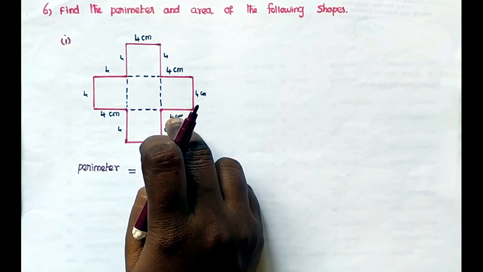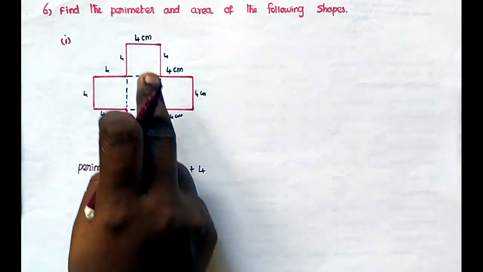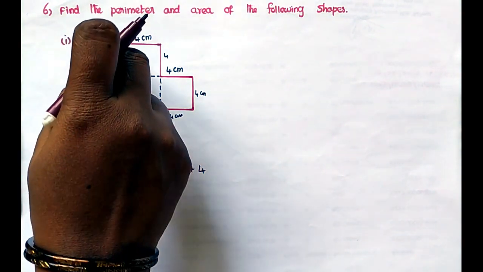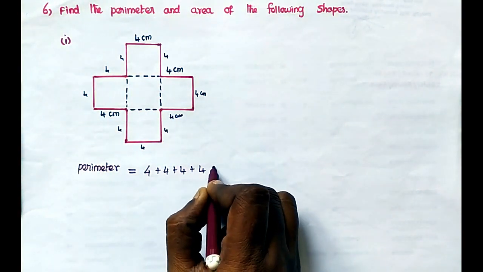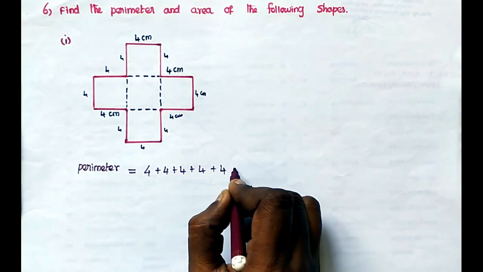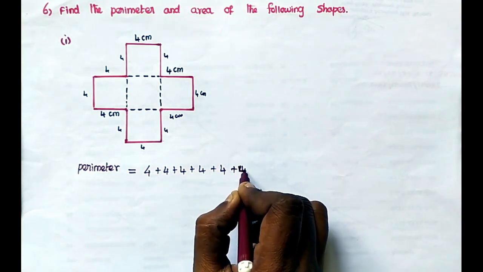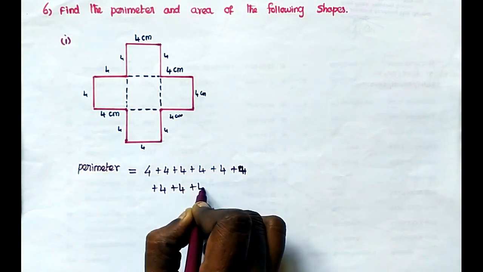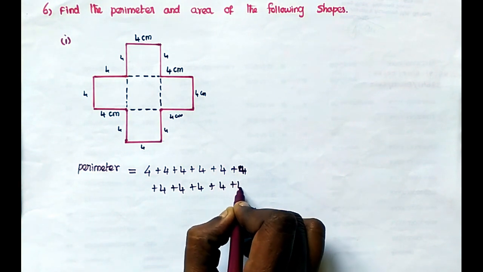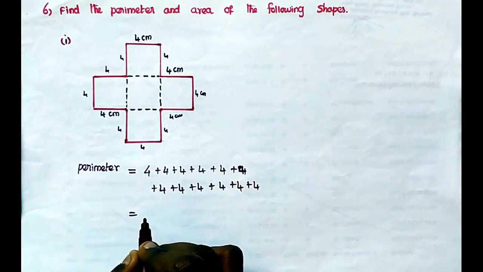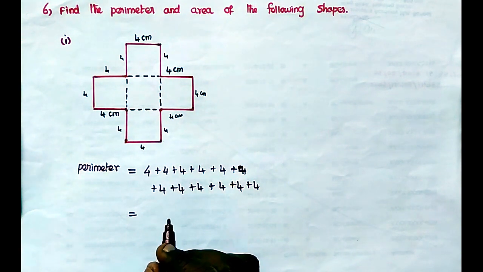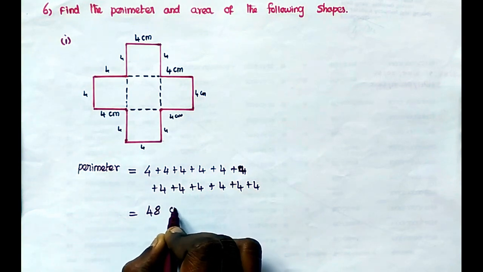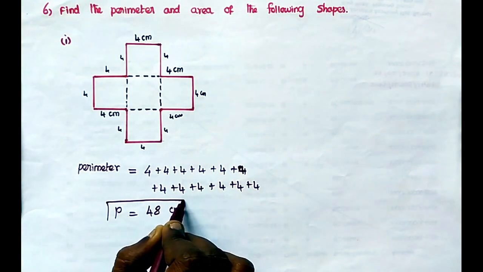Next, here 1, 2, 3, 4, 5, 6, 7, 8, 9, 10, 11, 12, 12 fours. How much? 12 fours are 48 centimeter. That is the perimeter.